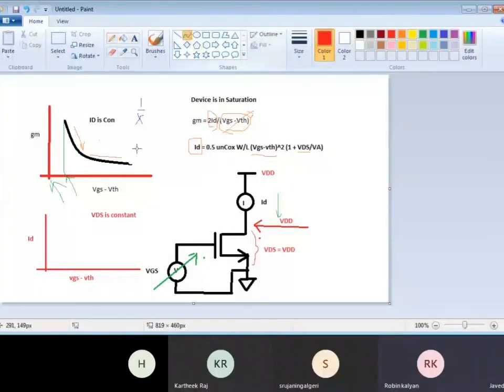So y is equal to 4ax square, something like that. It's going to look something like this.